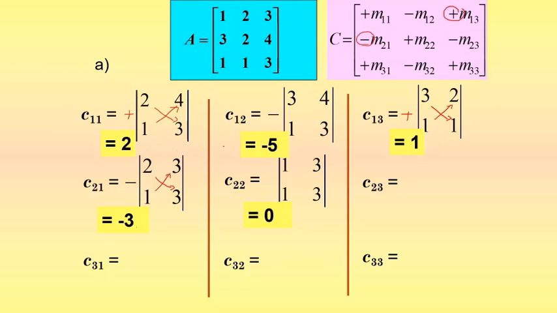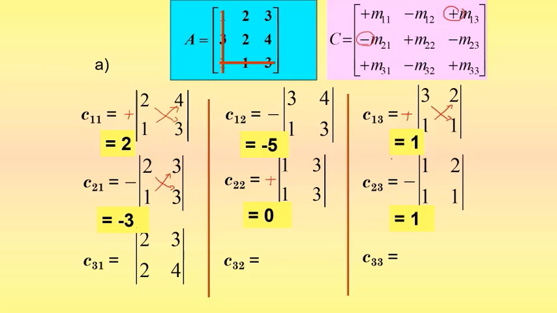So the sign in front there should be positive. Then C23, negative sign here, exactly the same as the signage that you have to remember. Okay, and then we get C31.